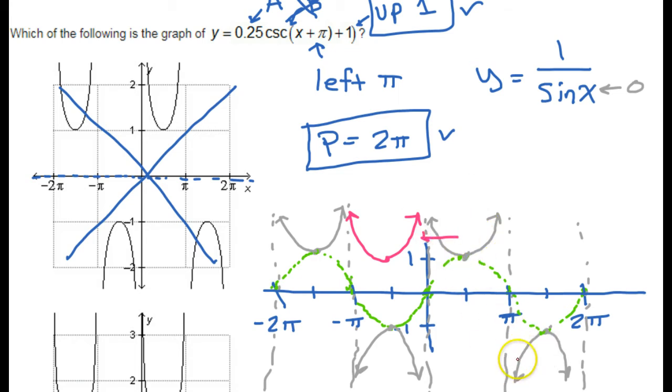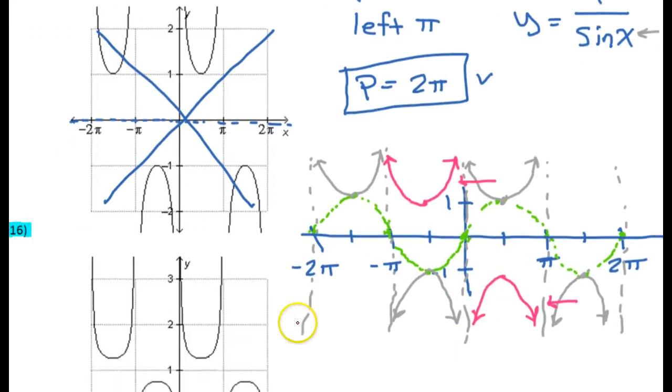And this loop right here, if I shift it to the left, it's going to end up over here. So focus your eyes on these red loops and ignore all the gray ones. The red ones are what the actual cosecant function would look like. Of course, it will be shifted up 1 as well, but we should have an upward facing loop to the left of the y-axis, and a downward facing loop to the right.